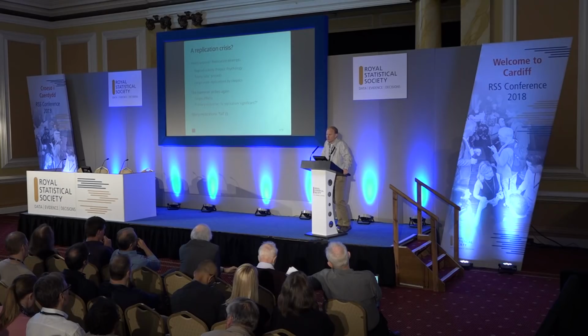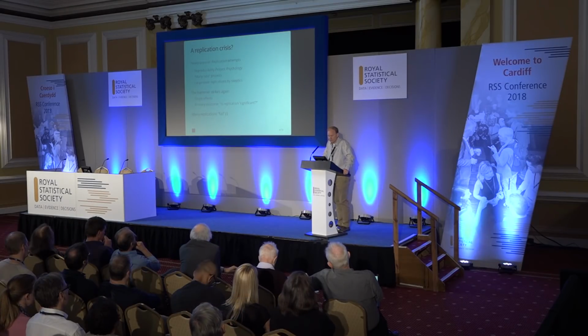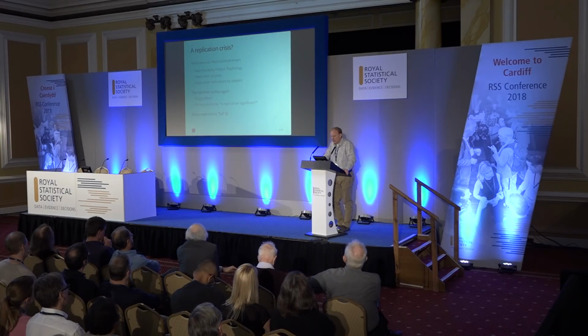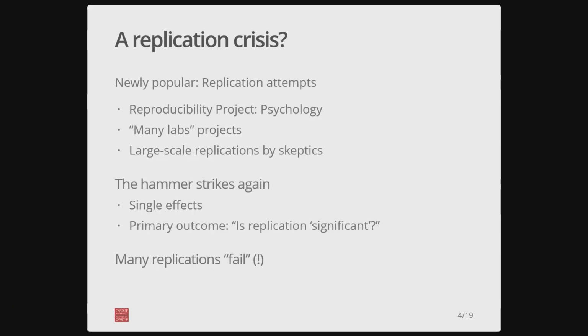We have Many Labs projects where lots of labs collaborate on single questions to see whether they can replicate them. You have large-scale replication projects by skeptics, where the skeptic will find an effect in the literature and say, I don't believe this could possibly be true. And I think oftentimes it's not, and we find failures to replicate.